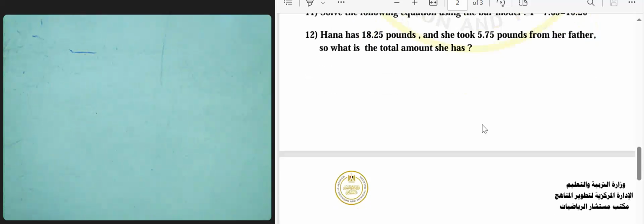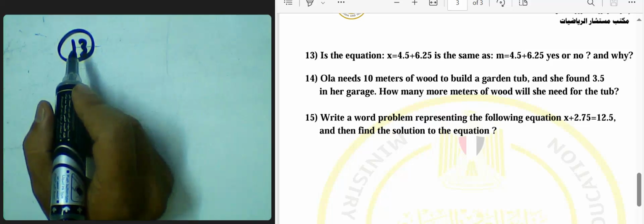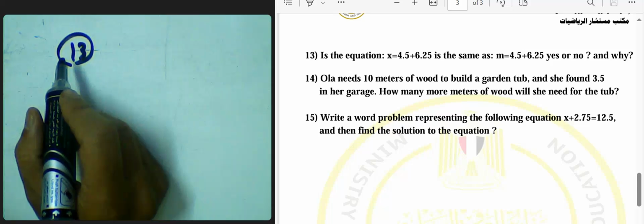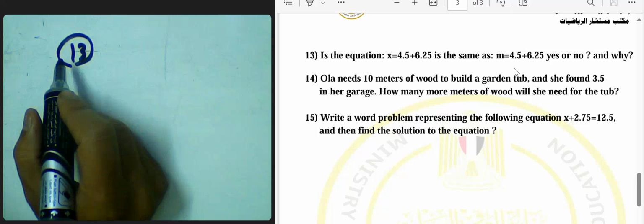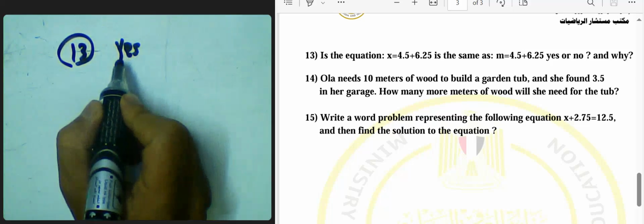Next group, question 13. Is the equation x equal 4.5 plus 6.25 the same as this equation or not؟ يعني اتنين زي بعض ولا لا؟ طبعا yes. ليه يا مستر؟ لأن أنا ممكن أبدل.